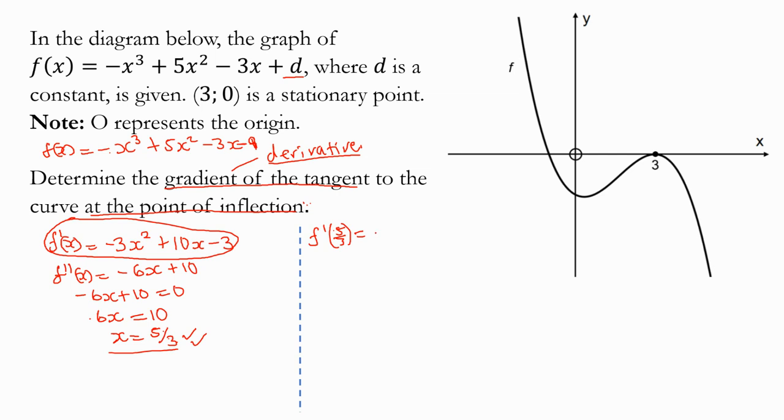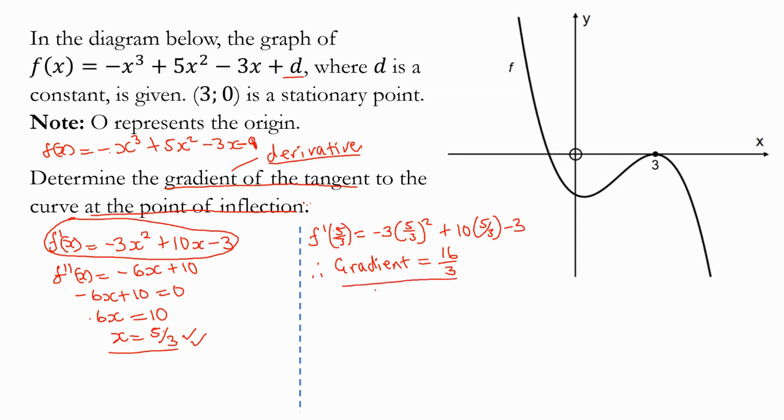So it becomes negative 3 times 5 over 3 squared, plus 10 times 5 over 3, minus 3. Then you put this in the calculator, and you find that you're getting 16 over 3. So therefore the gradient is equal to 16 over 3. That's the gradient at the point of inflection.